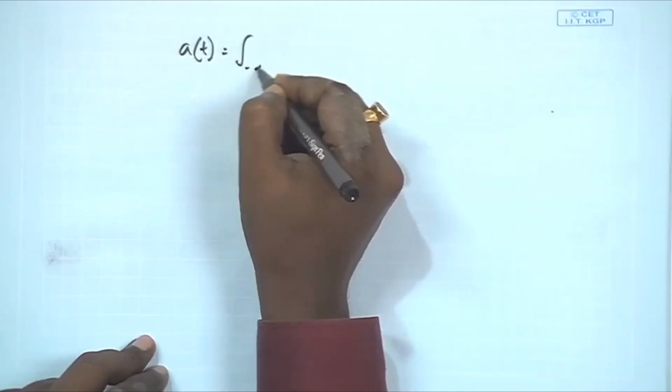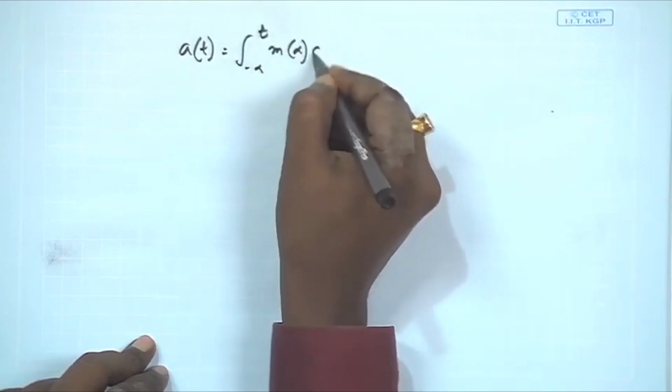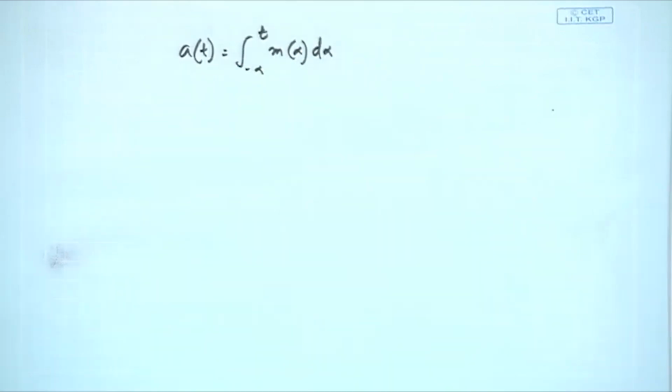Let us say that integration part I represent with another function, a(t), which is the integral from minus infinity to t of m(alpha) d alpha. This is just for representation, we do not want to always write that integration form, because I am integrating up to t.